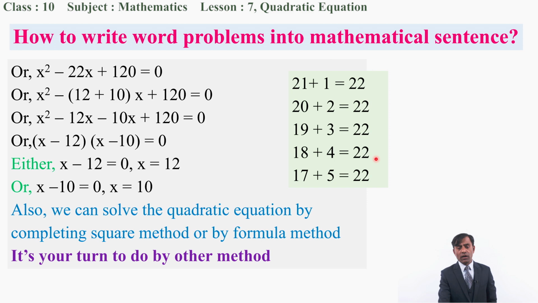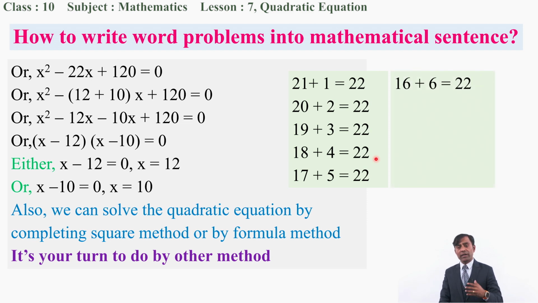17 plus 5 also becomes 22. The elder brother's age is 17 and the younger brother's age is 5. Then do these two satisfy the given condition? No. The sum is 22, which satisfies, but their product is not 120, so it does not satisfy. So we can't take the younger brother's age as 5 years and the elder brother's age as 17 years.